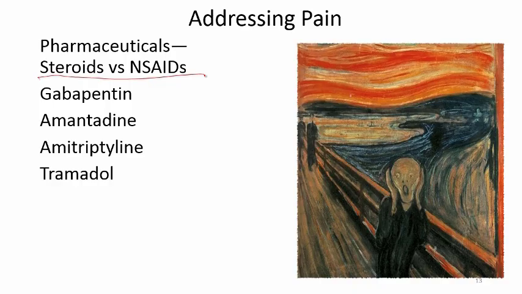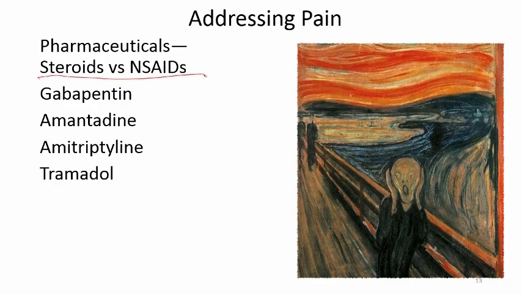From speaking to neurologists, they tell me it's kind of where you were trained. Some neurologists use only NSAIDs, and some use steroids, obviously not together. Sometimes they'll use NSAIDs, and if they don't get the decrease in inflammation they want, they'll use steroids. So either is appropriate.